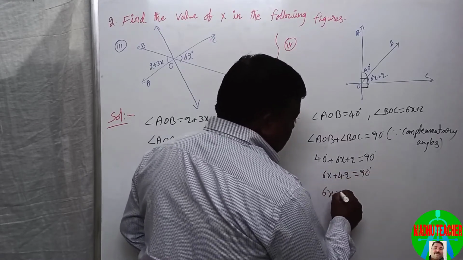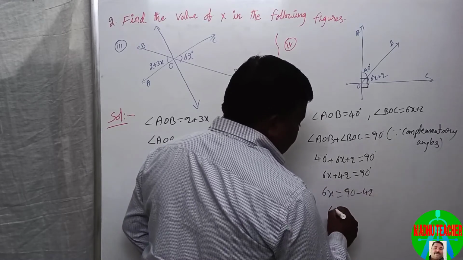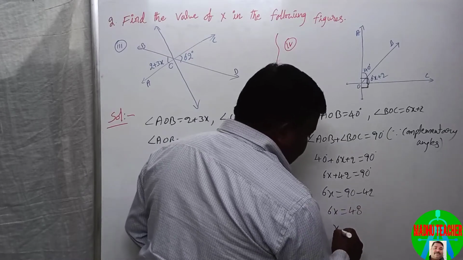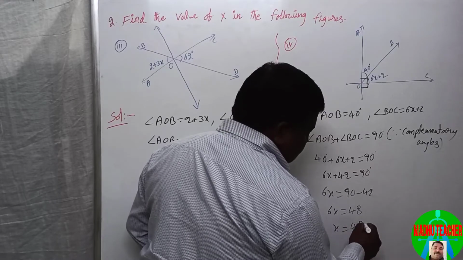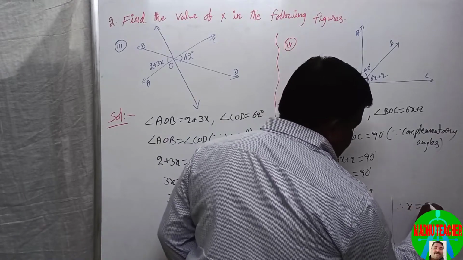So 6x equals 90 minus 42. So here 6x equals 48. So x equals 48 divided by 6. 6 ones are 6, 6 eights are 48. So therefore x equals 8.